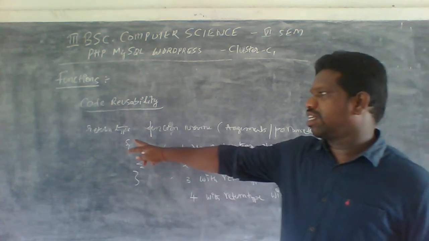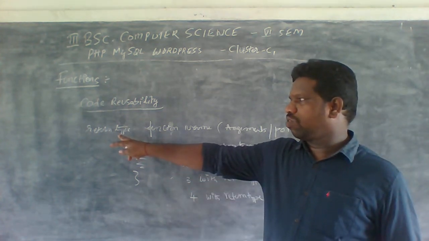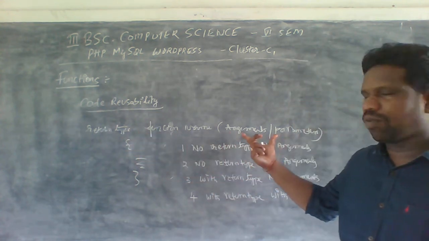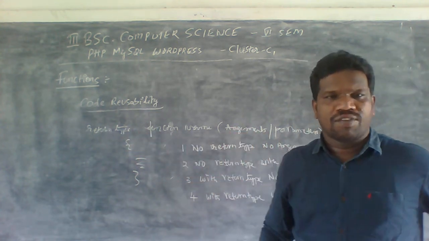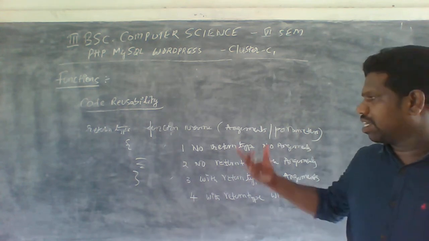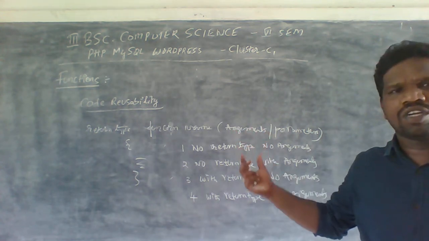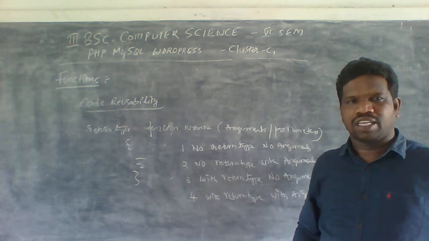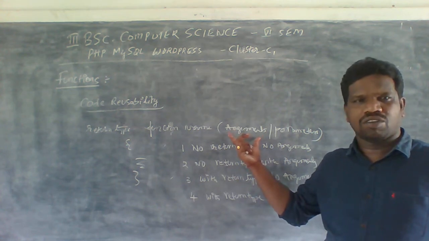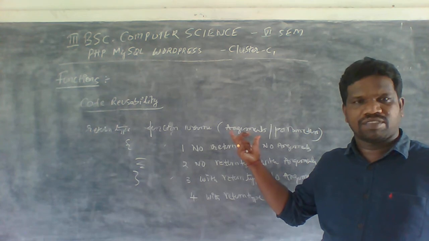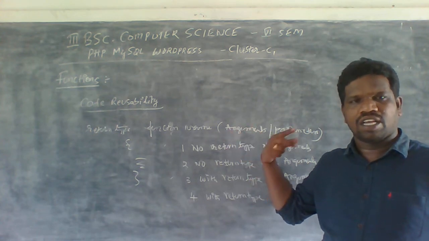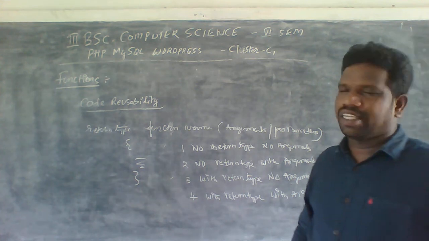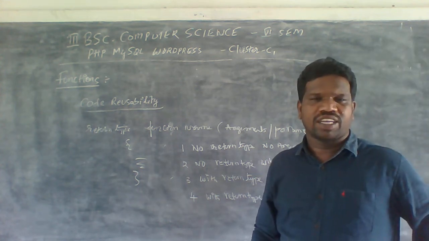If we don't specify any return type, it is called no return type. Sometimes in programs we specify some arguments, and in some programs we don't. If you specify arguments, it is called with arguments; if you don't, it is called without arguments. This is the function types.